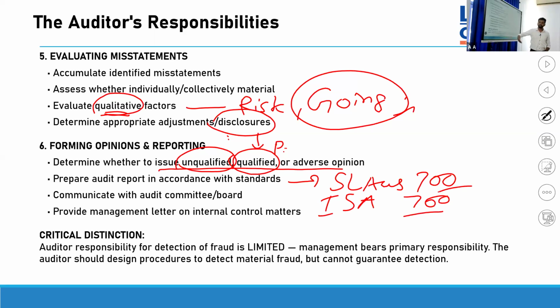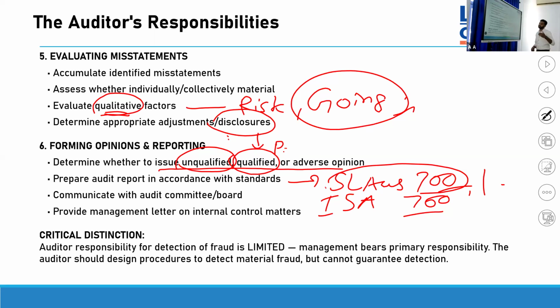From 700 onwards, SLAuS 700, 701, etc. Those are relevant for the audit report and opinion, right? So when we are preparing our audit report, we must comply with these standards, meet their requirements, criteria, and all, right?